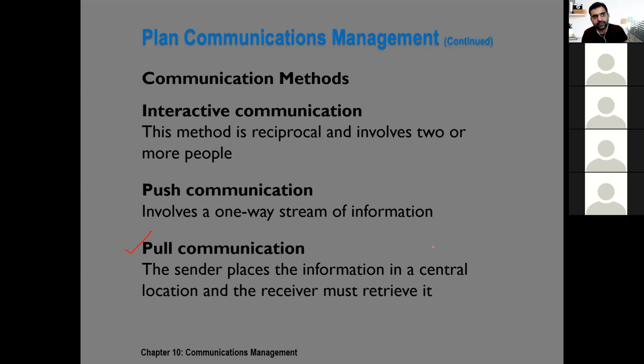Similarly, when the projects are pretty big, huge, national level projects, then normally they develop websites for those projects, and the stakeholders can always go and get the updated information from that central location. Similarly, you may establish an intranet for your team members and stakeholders for your project, a SharePoint where they can go and pull the information.